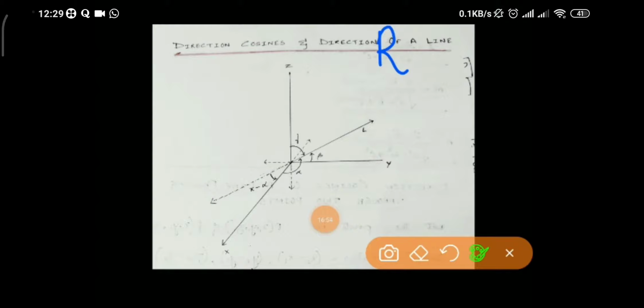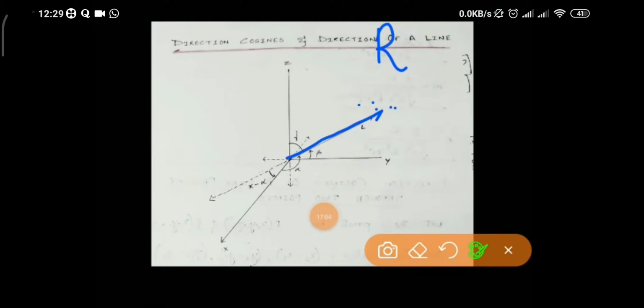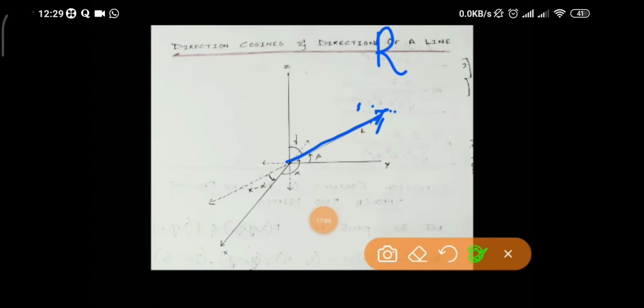So we will be only talking about the direction ratios. Now look at this line. Previously it was a vector for us. Now there is a line.